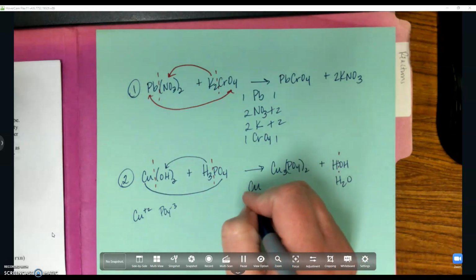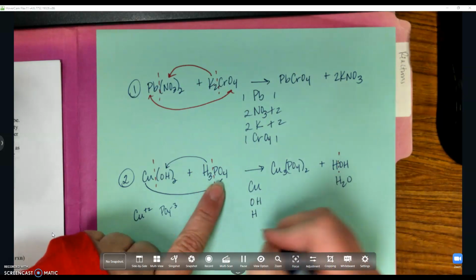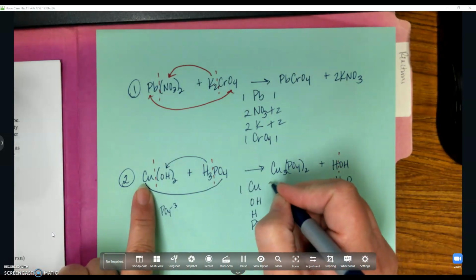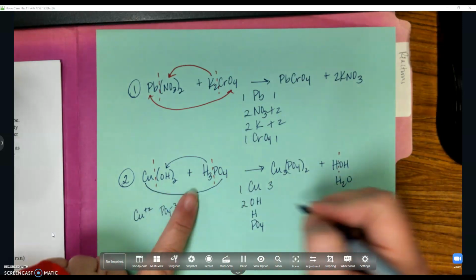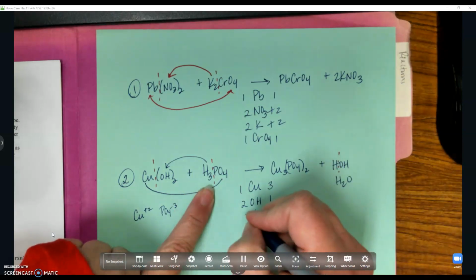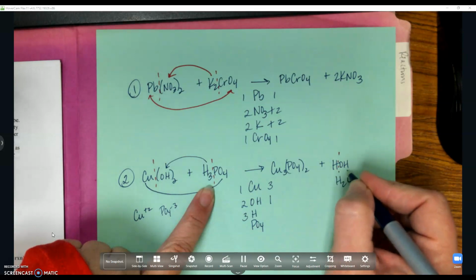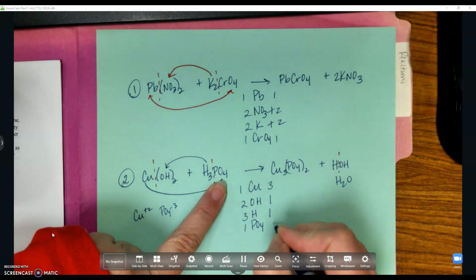So I'm going to list that I have a hydroxide, and then I have hydrogens, and then I have phosphate on both sides. So 1 copper, 3 coppers, 2 hydroxides, and I've got 1 hydroxide, 3 hydrogens, only 1 hydrogen here. Remember, we're not counting this one because it's part of the hydroxide, and then phosphate and 2 phosphates.